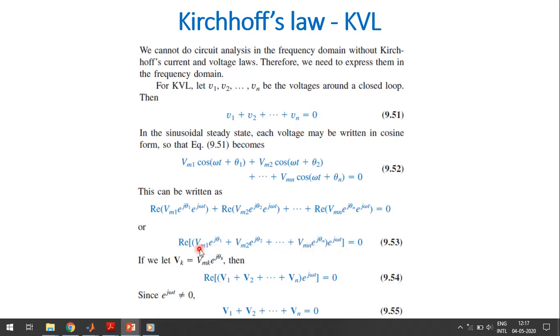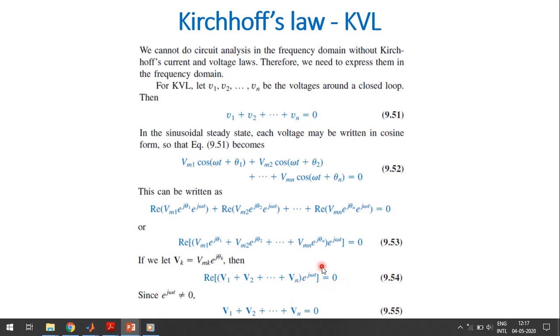Now we know that Vm1 e power j theta 1 is a phasor, right? V e power j theta is V, that is capital V in phasor form. So this can be written as the real part of V1 plus V2 etc. up to Vn is equal to 0.